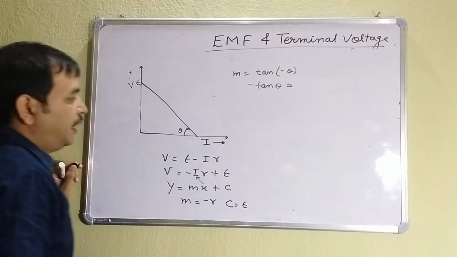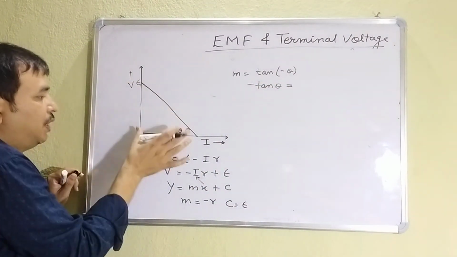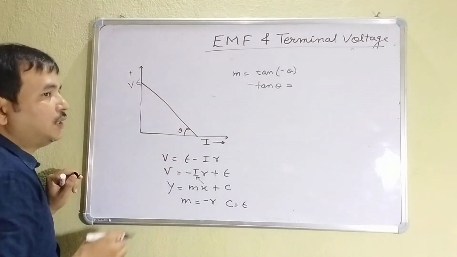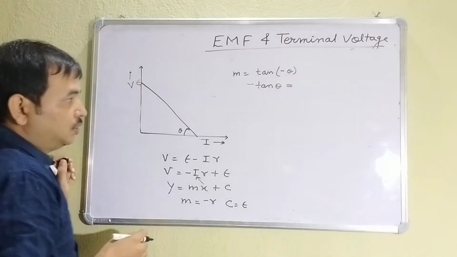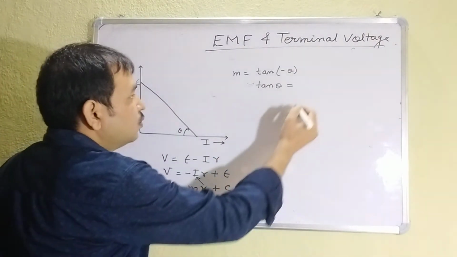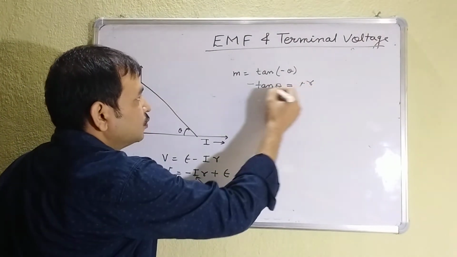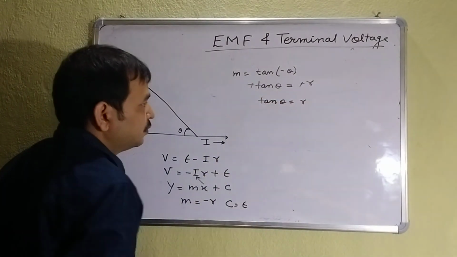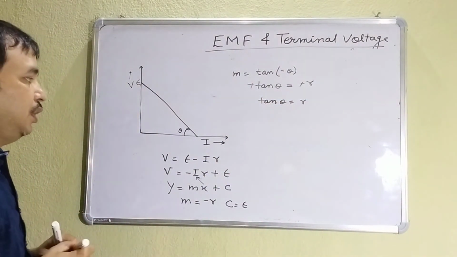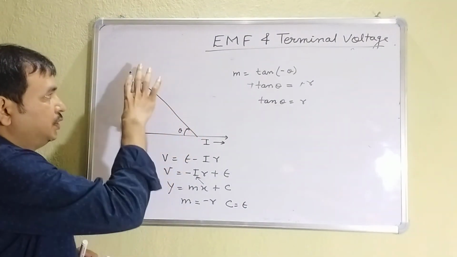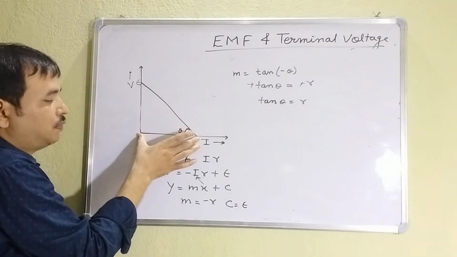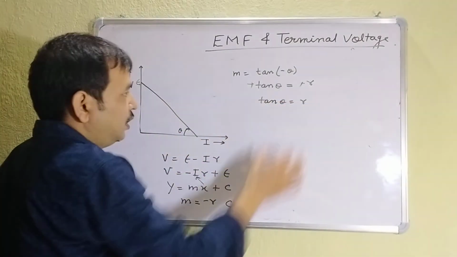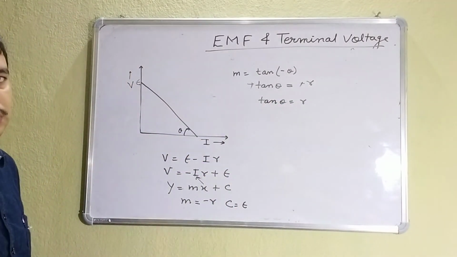This by this is the slope, this is EMF, and this is the maximum current. So this slope will give you minus r, so tan theta will give you r. If the values are given in the graph and you find this by this, you will get the internal resistance r.